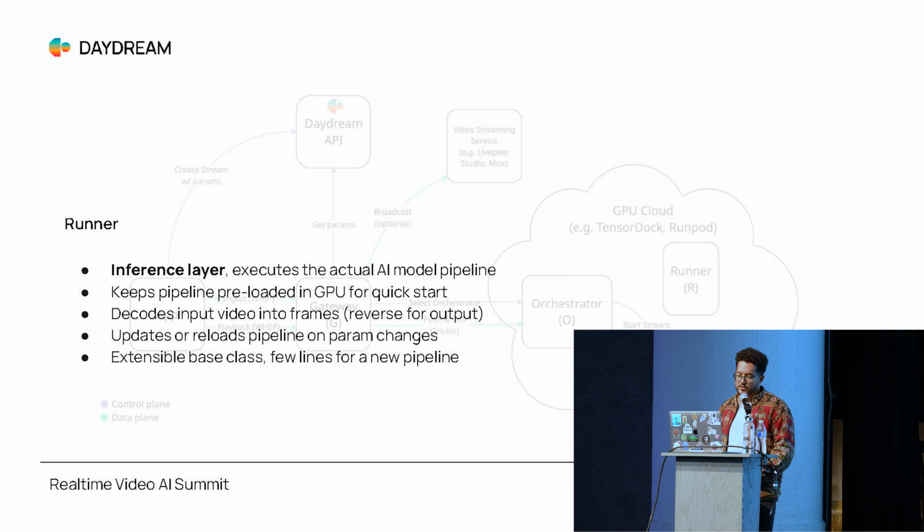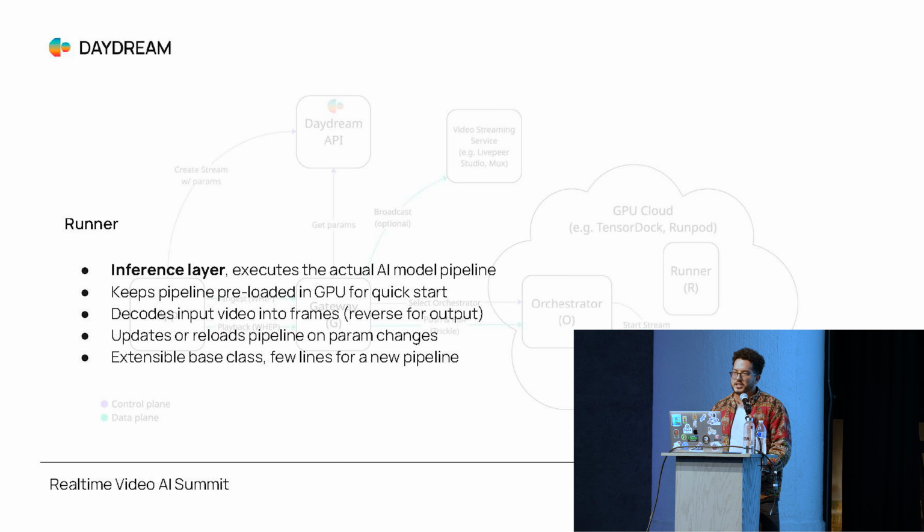which is this final piece here, basically the inference layer. The runner gets the input video segment by segment, and decodes this video into frames, which is what the AI models actually work on and understand. It runs the inference on these frames, and then encodes the output back into video segments, which are streamed back through the orchestrator.